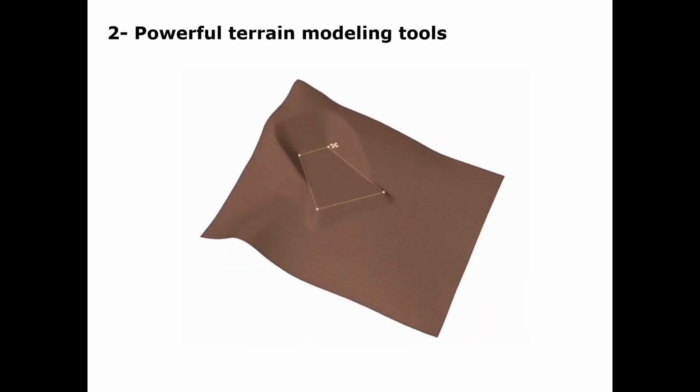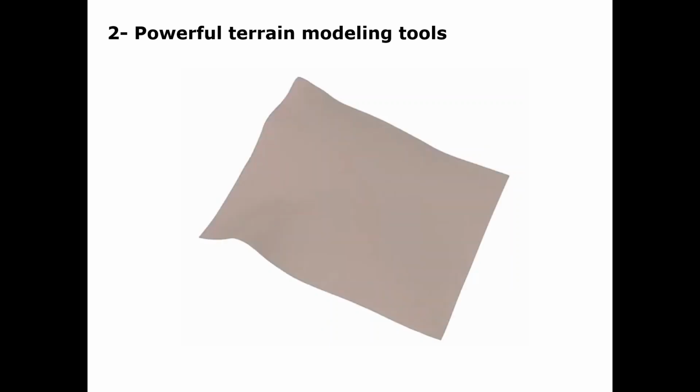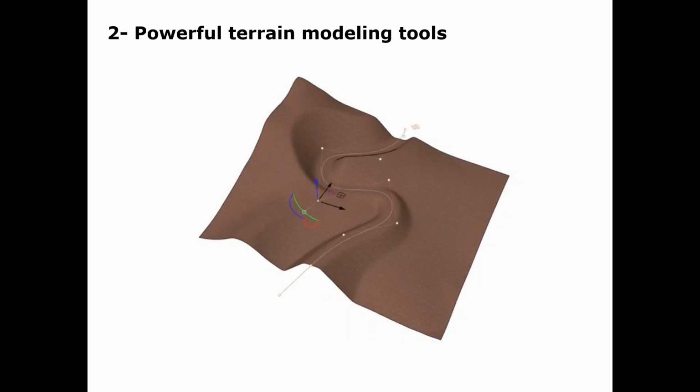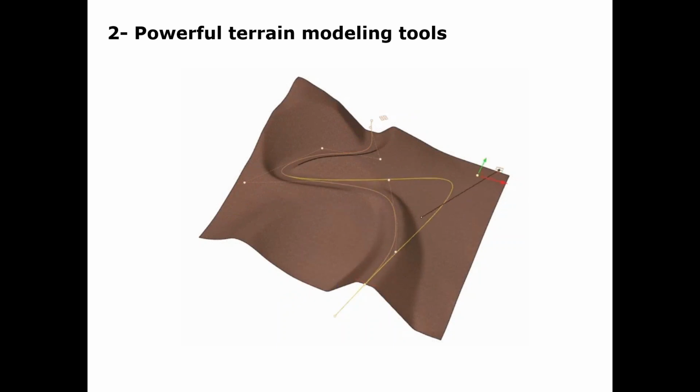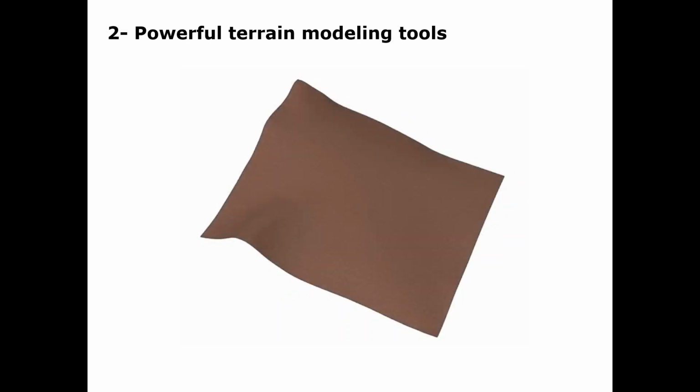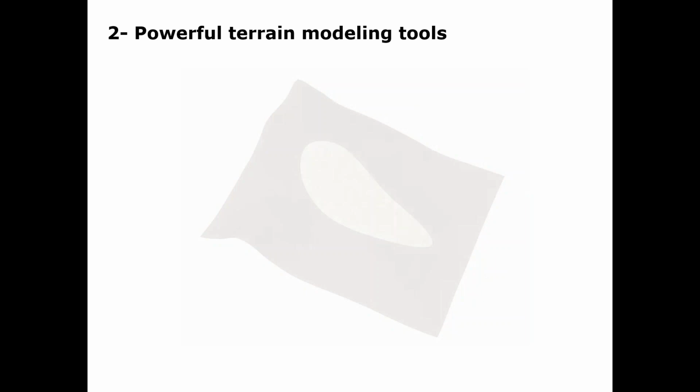Then you can modify the terrain, you can create cuts and fills, you can modify the terrain easily by control points, create paths inside the terrain, divide the terrain, and assign different materials and textures to different parts of the terrain. And at the end, you will have the list of earth moving operations automatically calculated by Land Design.